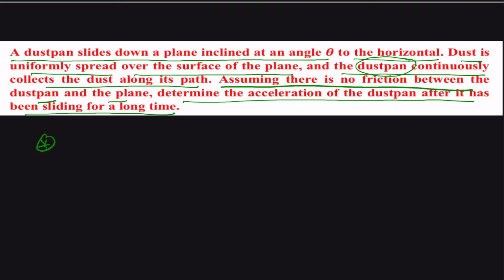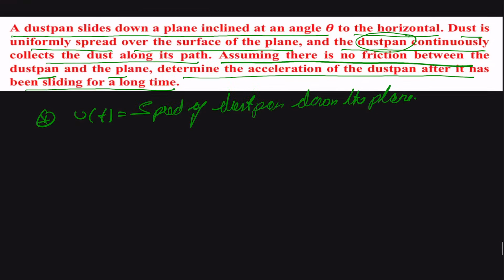First of all, let us say that v of t is the speed of the dustpan down the plane. Obviously we can write its acceleration, which will be the first derivative of the velocity, as the acceleration of the dustpan.